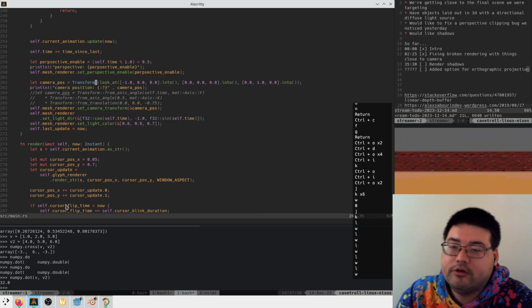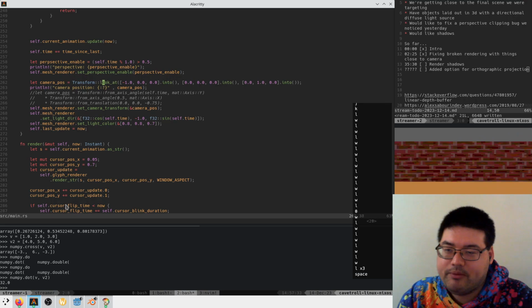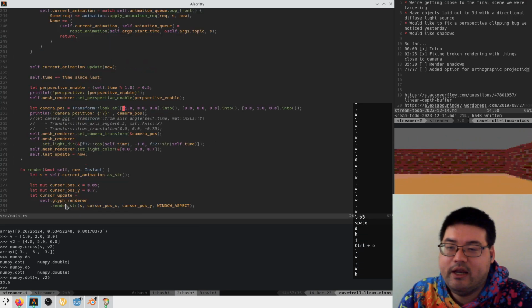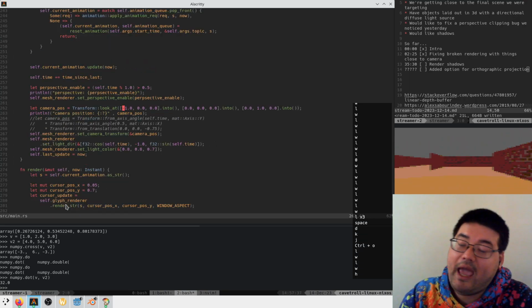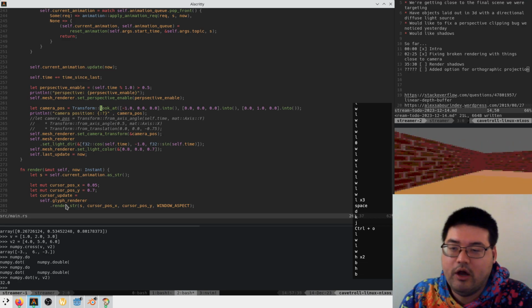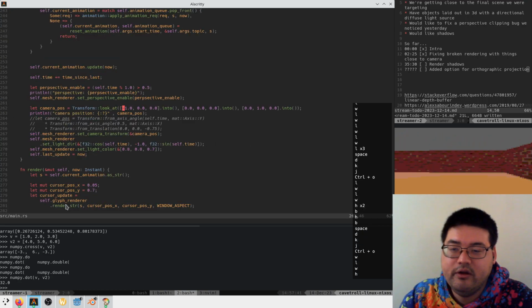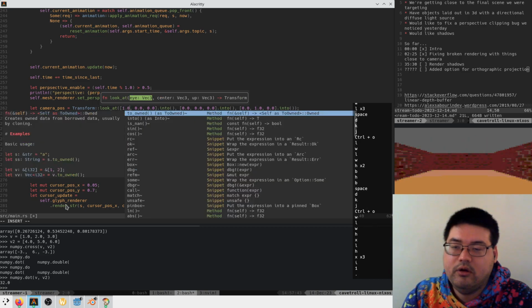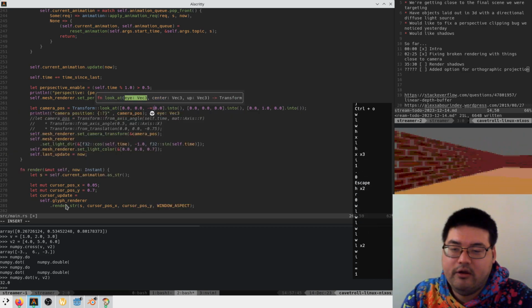What are these parameters again? My eyeball is at -1 along X, which is actually not what I wanted to do. I wanted to put my eyeball at -1 along Z. So let's do that.